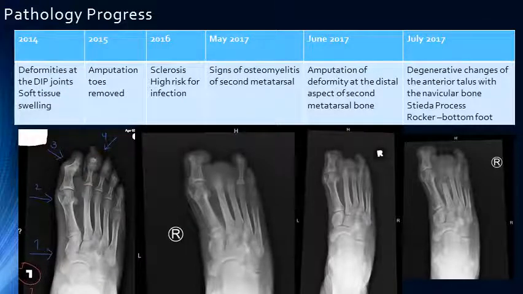And after the amputation in 2015 of the distal phalanx of the first digit, as well as the phalanges of the second and third digit, through 2017 after the second amputation, when the infection started getting into the metatarsal of the second digit, and how they cut this part.